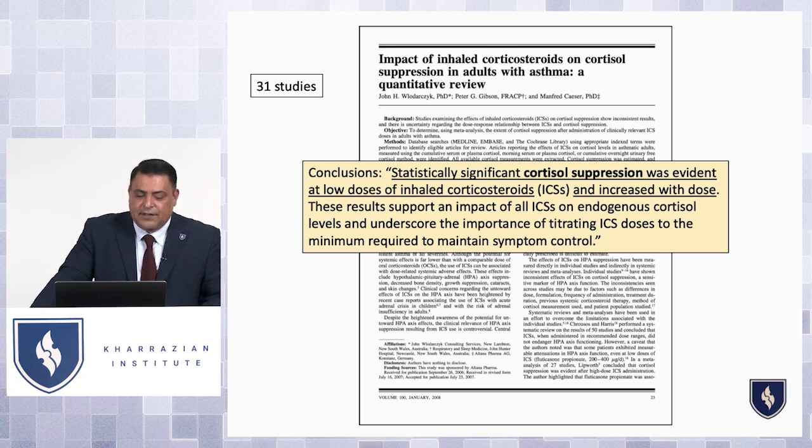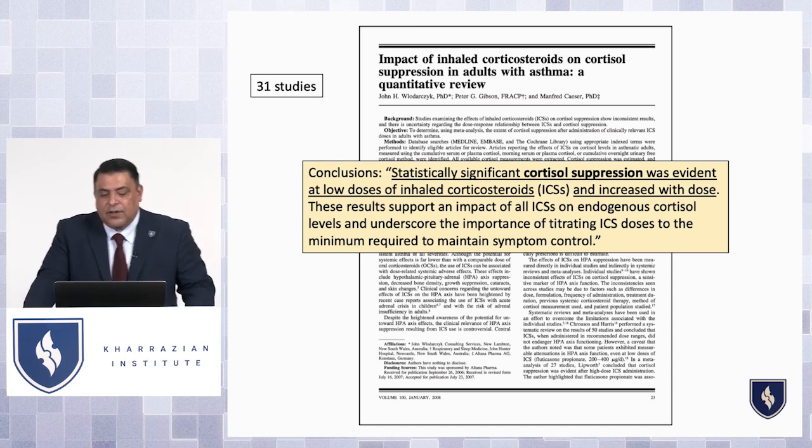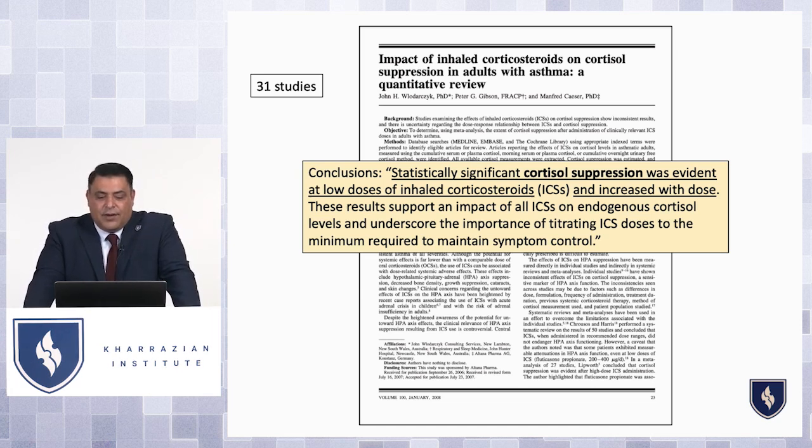They found that statistically significant cortisol suppression was evident at low dose inhaled corticosteroids and increased with dose. These results support the impact of inhaled corticosteroids on endogenous cortisol levels and underscore the importance of titrating inhaled corticosteroids to the minimum required to maintain symptom control. Or, a better scenario, get them to the point where they're healthier, where they don't have this dependence on it.